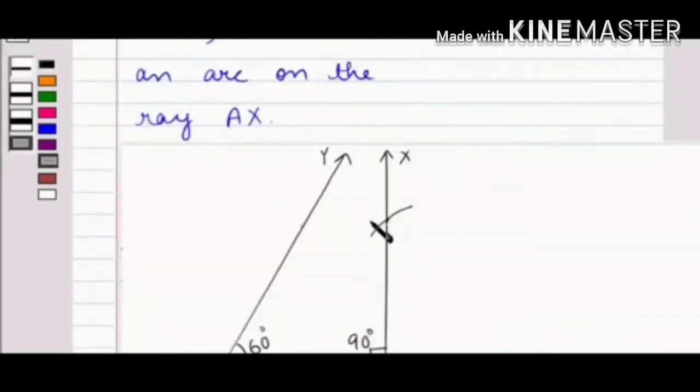So we have made an arc of radius 4.5 centimeters on the ray AX. Now let's mark this point as R. AR is 4.5 centimeters.